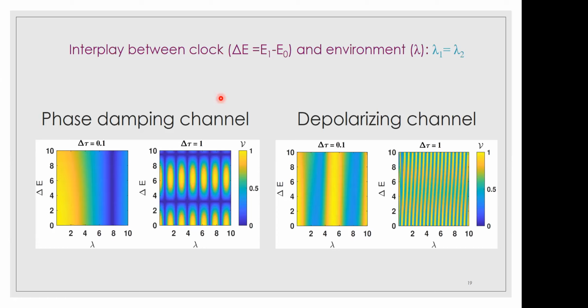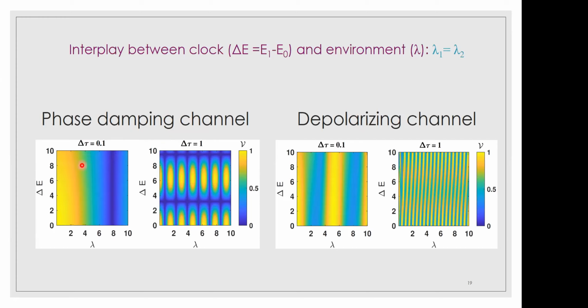So the dilation of the channel requires a minimal dimensional environment, and that is 3-dimensional in the case of the phase damping channel. It was 2-dimensional in the amplitude damping case. And the depolarizing channel requires a minimum of 4-dimensional environment.